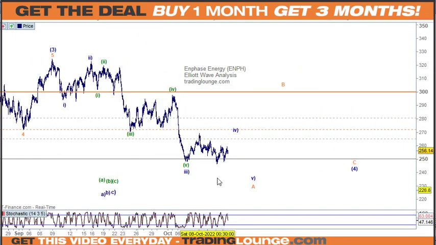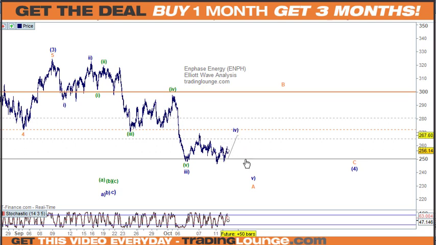Enphase, so we have made a new low here, so I'm looking at it a little bit differently. If we think of what the indices are going to be doing, they're in a bit of a rally at the moment, so we could get a rally, and then they're going to come down again in wave 3, 4, and 5.